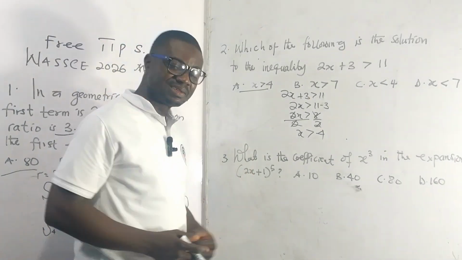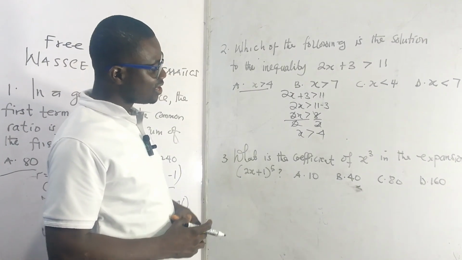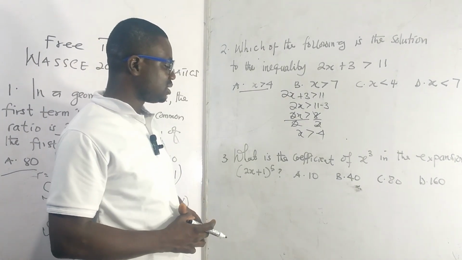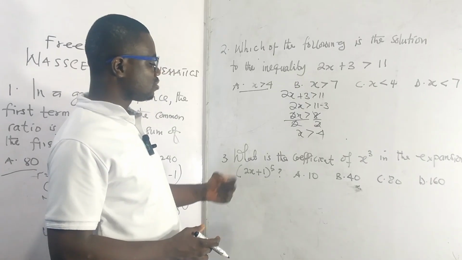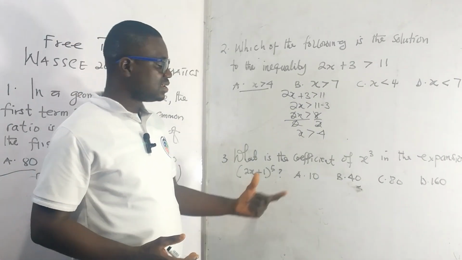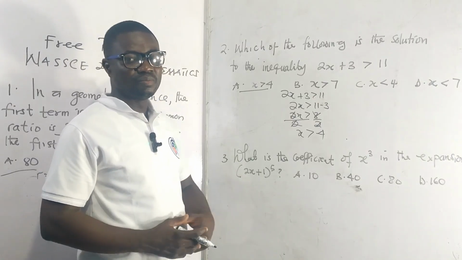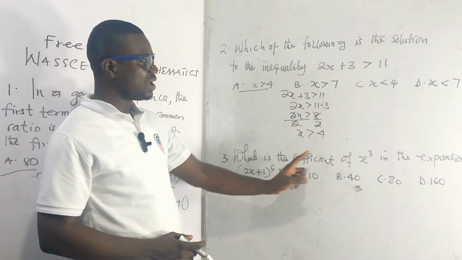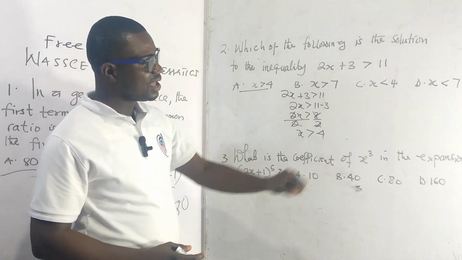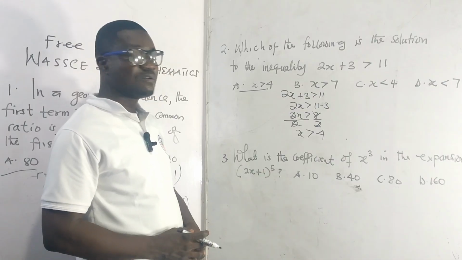Now let's look at the last question. This is where some students also struggle, especially questions under binomial expansion. But I believe that this question has a very simple formula. Take your time, listen carefully, and once you get the formula, it will be easy. Now we have to find the coefficient of x raised to the power 3 in the expansion of (2x plus 1) raised to the power 5.